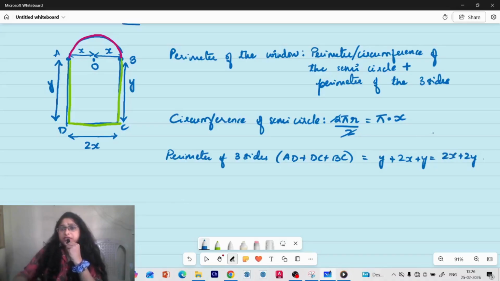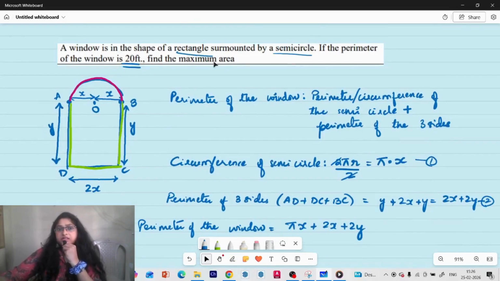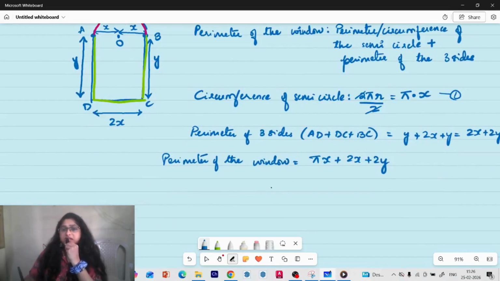Also, if you add them both, what is the total perimeter going to be? The perimeter of the window is going to be pi x plus 2x plus 2y. And what is the value they have given? The perimeter of the window is 20 feet, so we will equate it to 20. 20 is equal to pi x plus 2x plus 2y.